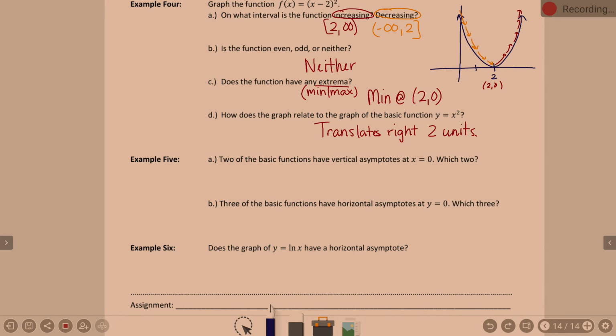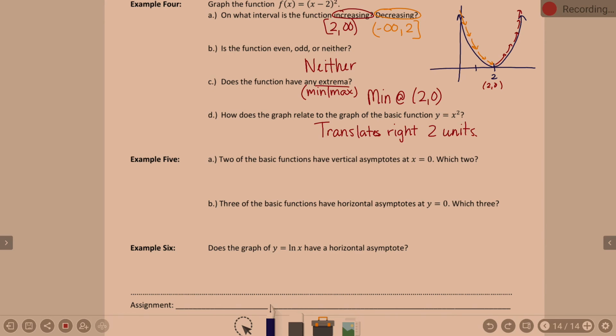Example 5. Two of the basic functions have vertical asymptotes at x equals 0. Which 2? Squaring and absolute value? Logistic and reciprocal?